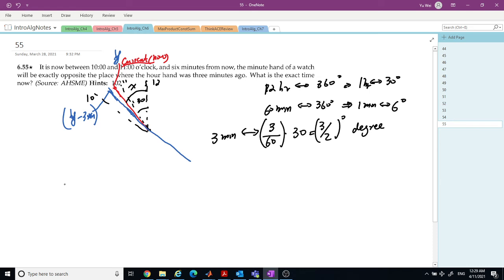Now we can establish a correspondence between X and Y, where Y is the number of hours against 12. So X degrees is X over 30 in hours, out of 12.